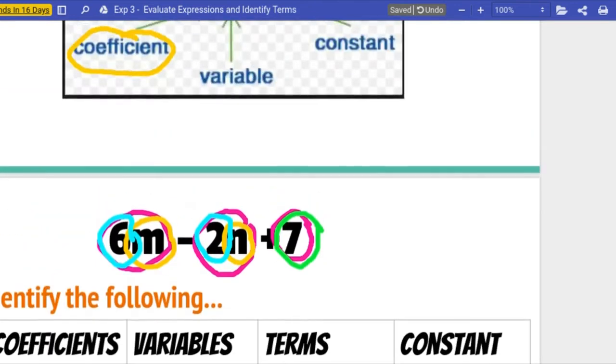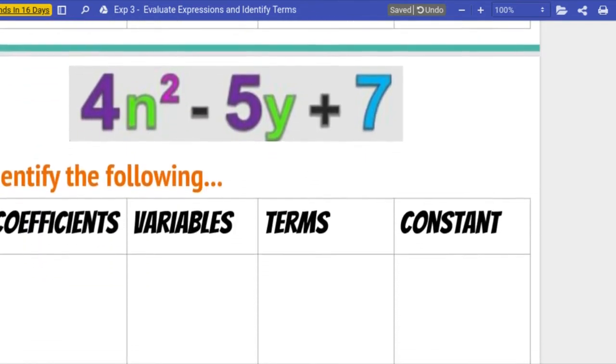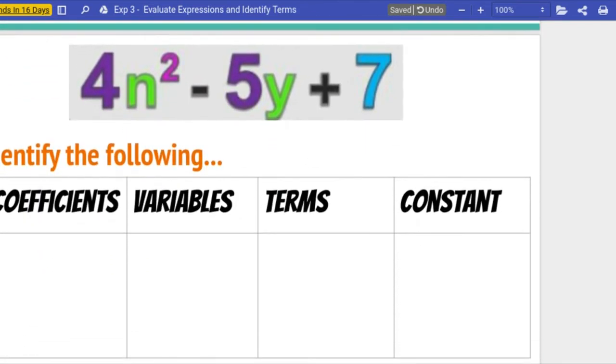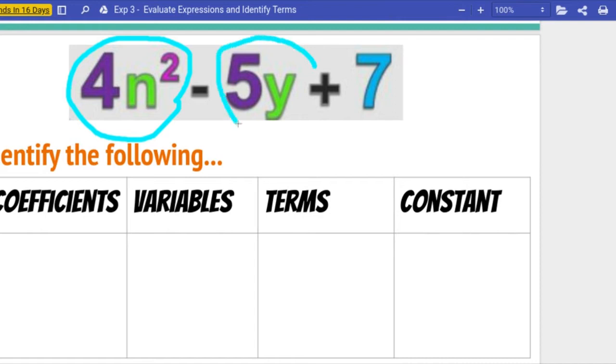Okay, let's try another one right here with this expression, 4n squared minus 5y plus 7. Let's go ahead and identify those terms first, which are the separate words in our sentence divided by the addition and subtraction symbols. So there would be a term, and there would be a term, and there would be a term.